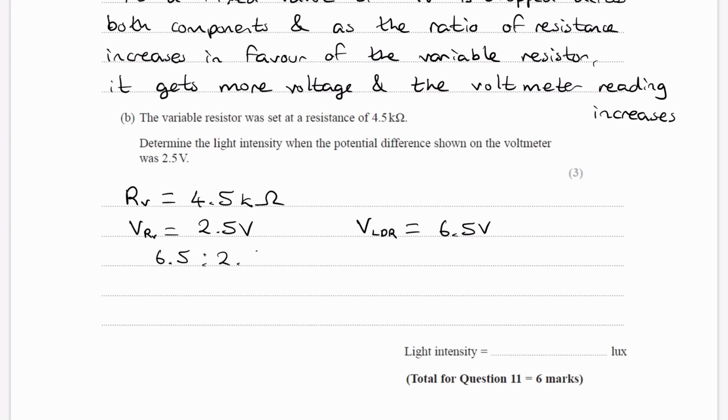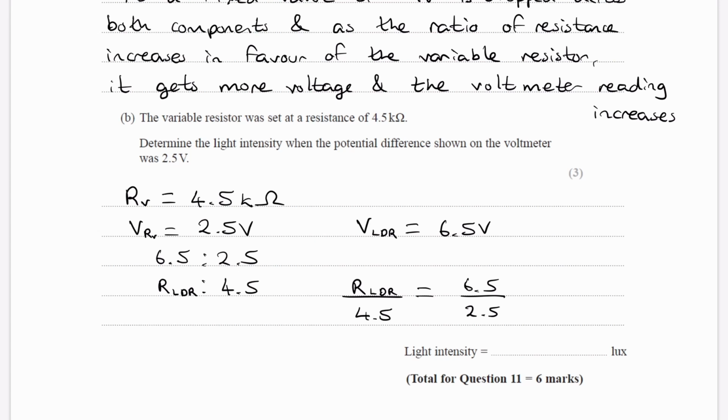6.5 to 2.5 is the same ratio as the resistance of the LDR to 4.5 kilo ohms. Then we can use fractions. The resistance of the LDR divided by 4.5 is equal to 6.5 divided by 2.5.